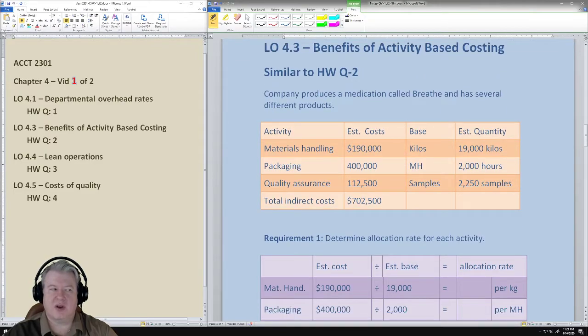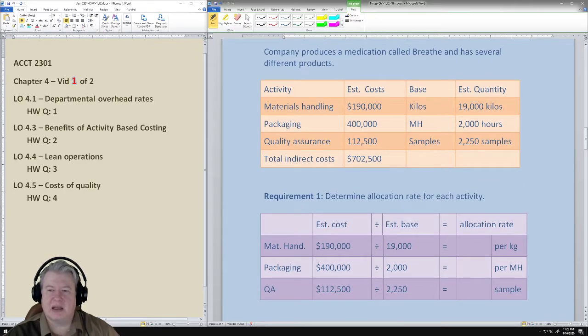Okay, moving on to the next question. So this is like question number 2. We're given a bunch of information here. Company produces this medication. It has a couple of different products. So we're going to look at, well, you can see here, we don't have just 1 or 2 different categories.